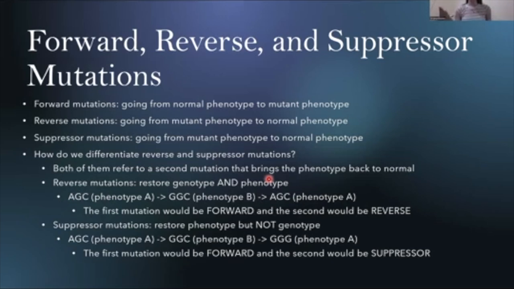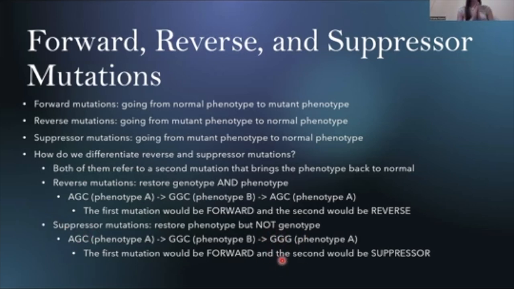Let's compare this to suppressor. We have the same beginning where we have AGC and phenotype A, changing to GGC with phenotype B, which is a forward mutation. The difference is in this next part. We change it to GGG. So we're changing the C at the end to a G, and C is a pyrimidine and G is a purine, so that would be a transversion mutation. And notice we're back at phenotype A, so we did restore the phenotype, but your genotype at the beginning was AGC, and now we're GGG.